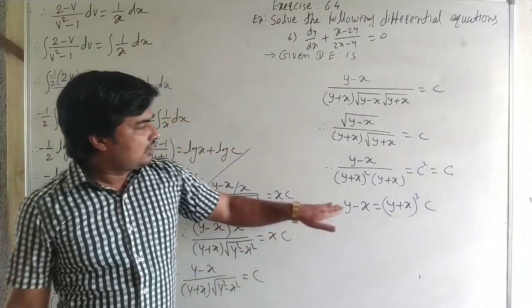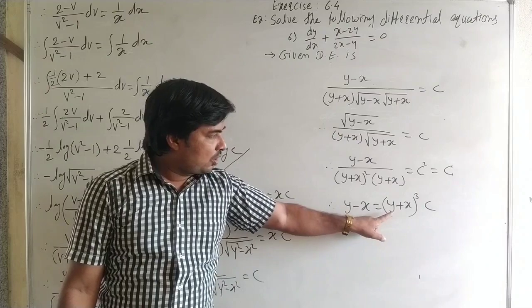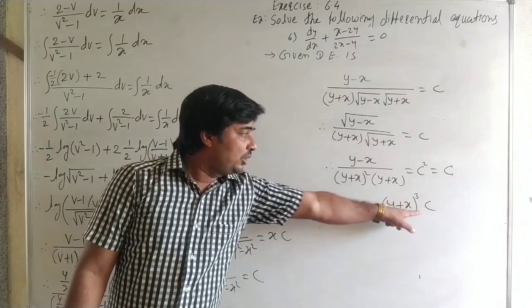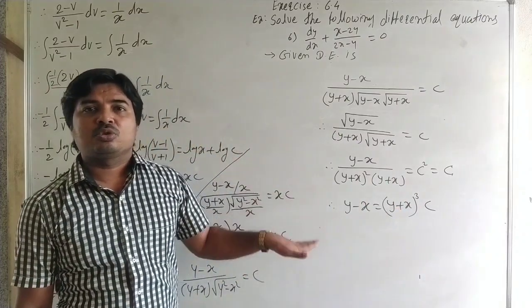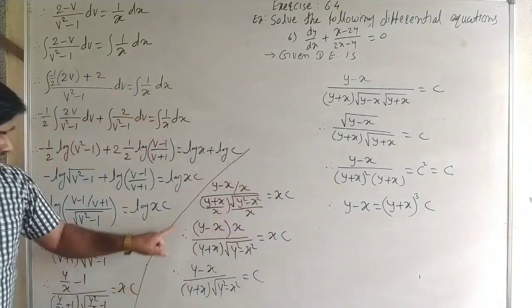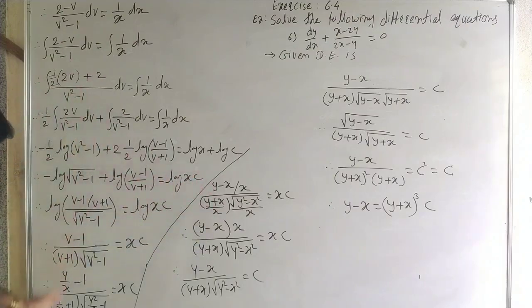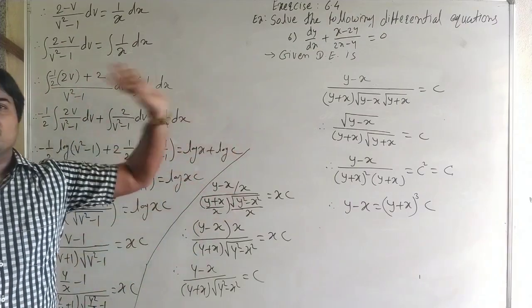Here is the general solution of the differential equation: y minus x is equal to y plus x cube into c is the general solution of this differential equation. See carefully all the calculation here. This and last calculation is this.